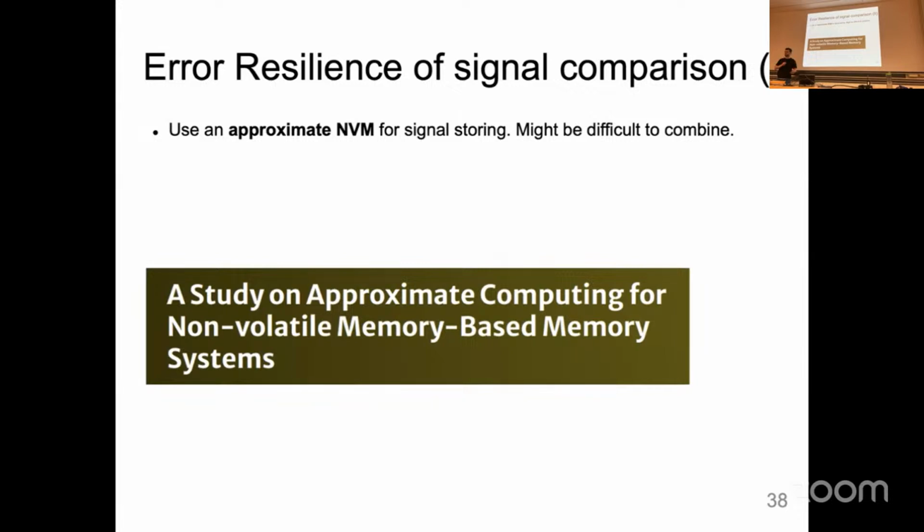What I didn't mention really is that these 4 partitions are for hashes, application data, and signals. So we could potentially use an approximate NVM, and there are apparently technologies or ideas for that, to store the signals and exploit also the resilience to that.